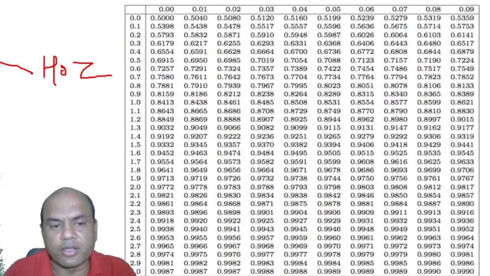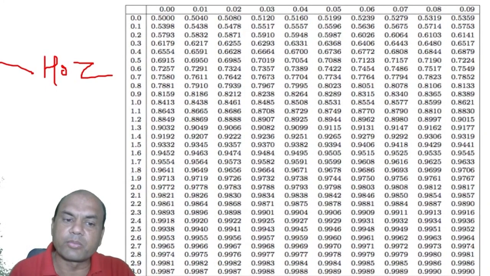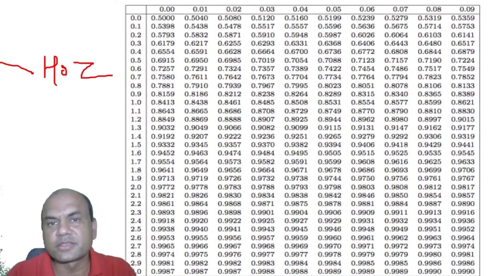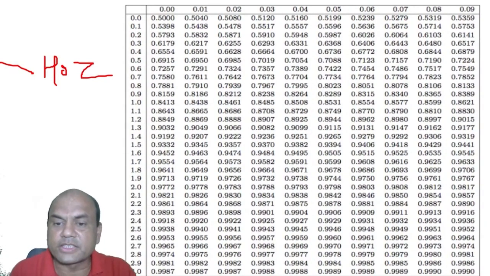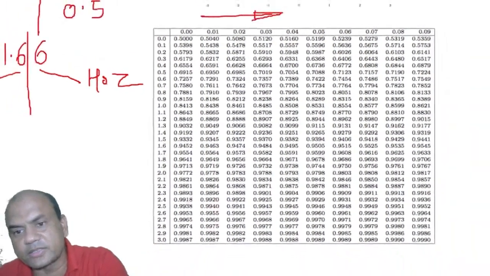Those who have not heard, kindly give me the answer for 1.6 and 0.06 in the comment section. It is 0.9515. Got it? Everyone got this? Clear?